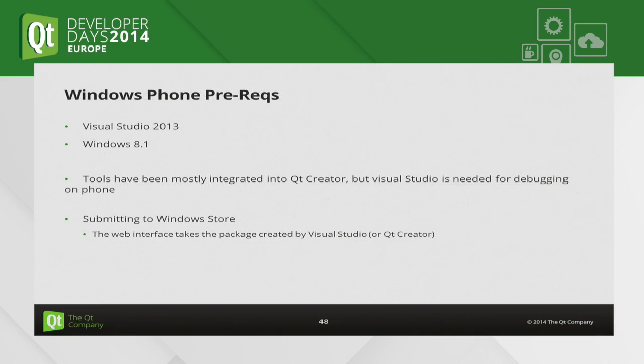For Windows Store, you need Visual Studio 2013. Why not older? Because Microsoft themselves don't support older ones for Windows Phone. You'll need Windows 8. That's another obstacle. For instance, I can't do that development here. But you'll need a Windows 8.1 computer, and you install Qt for WinRT, and after that you can do most of the stuff from Qt Creator. But if you want to do debugging on the phone, you need to do that from Visual Studio.